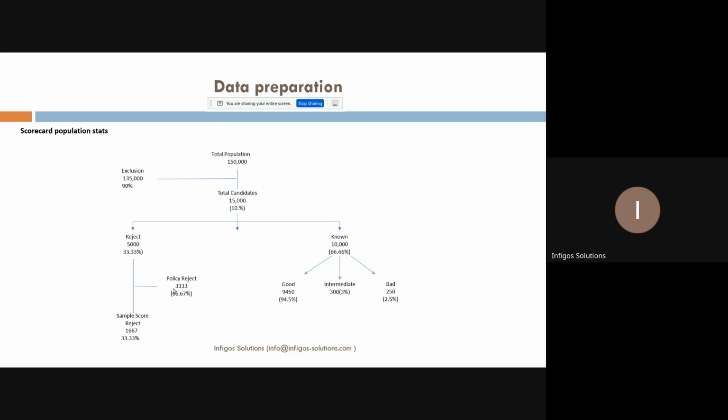Out of reject inference, policy reject will be 66% and scorecard reject will be 33%. This is how we use these numbers in reject inference, and this is what you're going to use in the scorecard, good and bad, and this again you want to exclude. So when you build the scorecard, your population goes down from top to bottom. This is why we have less data when we build the scorecard.